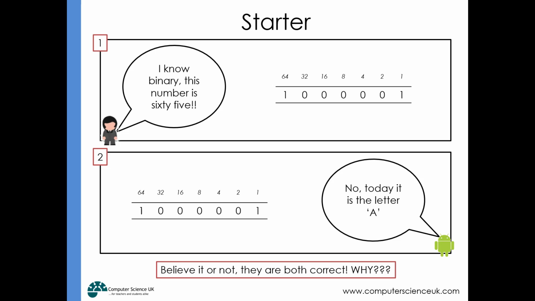However, the Android is saying, actually no, today this number represents the letter A. And the Android is correct as well, because depending on the job that the computer's doing, 65 could indeed mean the capital letter A. So over the next few slides we'll hopefully learn why that is the case.